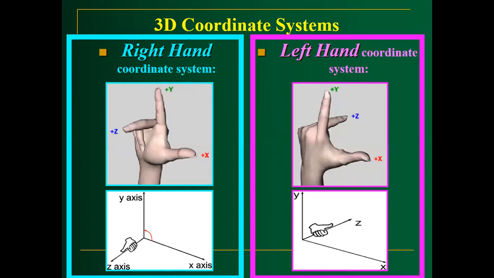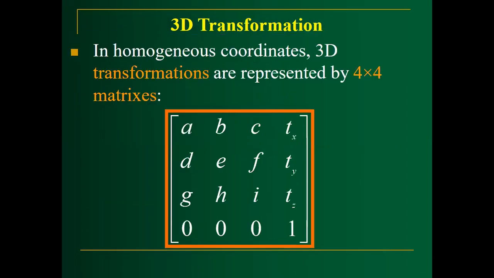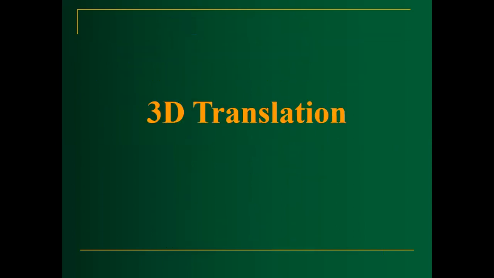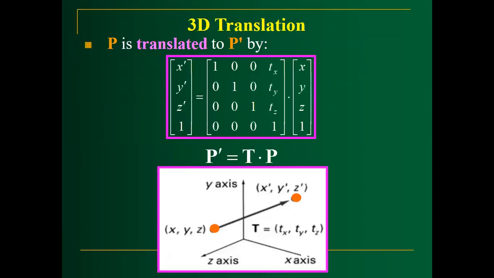For the coordinate system, for our purpose, the right hand, left hand rule just goes like this, just to determine which axis is what. Homogeneous, of course, becomes a 4 cross 4 matrix. Now let's look into 3D translation. There's a point x, y, z, which has to be translated to this location x dash, y dash, z dash.